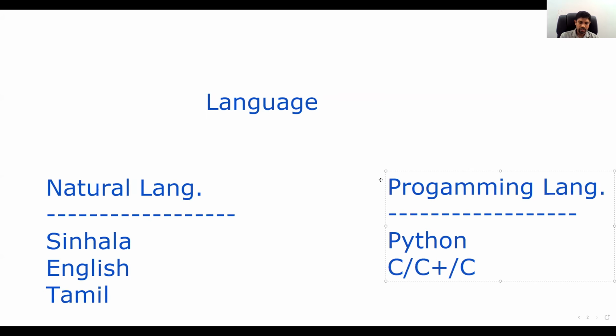Likewise, there are a lot of programming languages. Actually, there are 100,000s of programming languages. We are going to learn MATLAB in this course. Likewise, languages can be divided into two main categories: programming languages and natural languages.